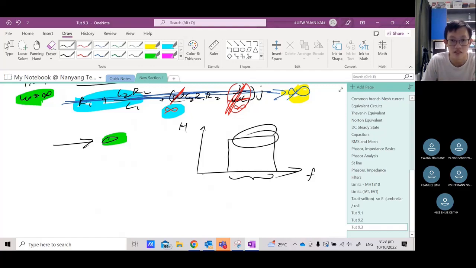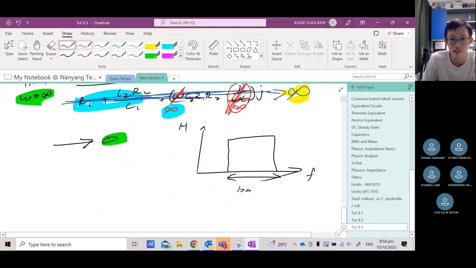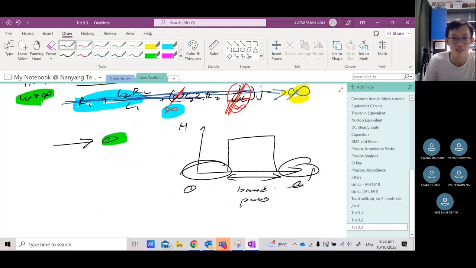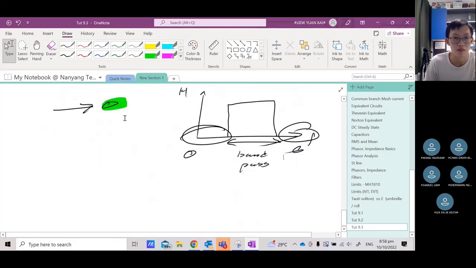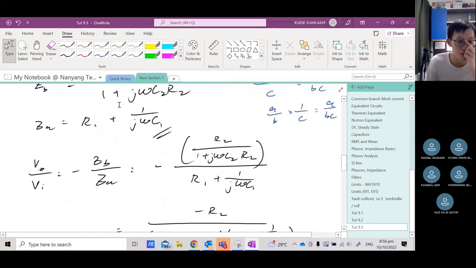There will be some gain here, while the rest is just 0. Since it's a little band, it looks like a band, right? A band is a little rectangle. So we call this a band pass filter. Low frequencies, 0 gain. High frequency, 0 gain, which is what we get. So we know that this is a band pass filter. Okay, so we are convinced that this is a band pass filter.